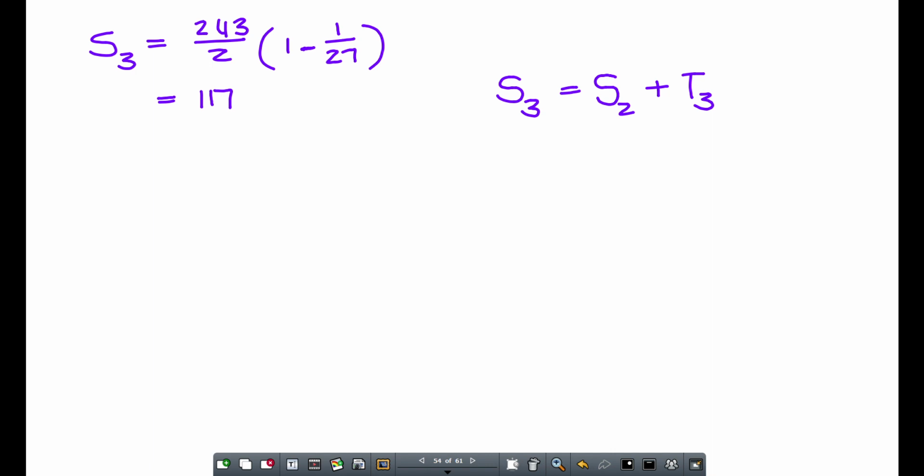Nee. So kom ons gaan stel in wat ons het. The sum of 3, we said was 117. The sum of 2, we worked out just now, was 108. Met ander woorde, term 3 gaan wees 9. Is julle nog reg?